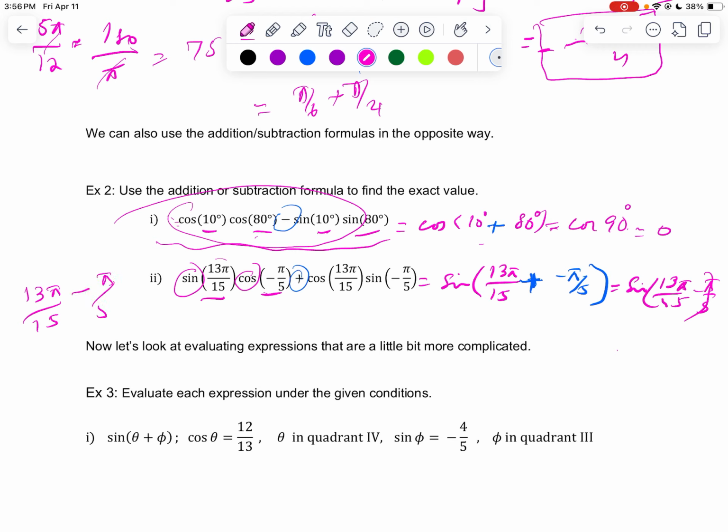So I need to multiply the second term, top and bottom, by 3. We end up getting sine of 13 pi over 15 minus 3 pi over 15.